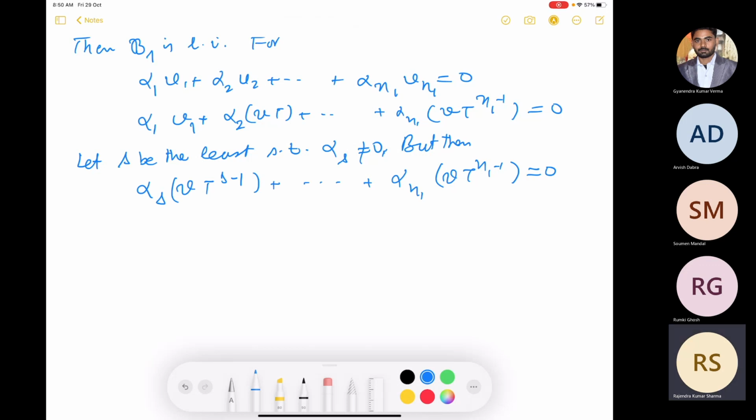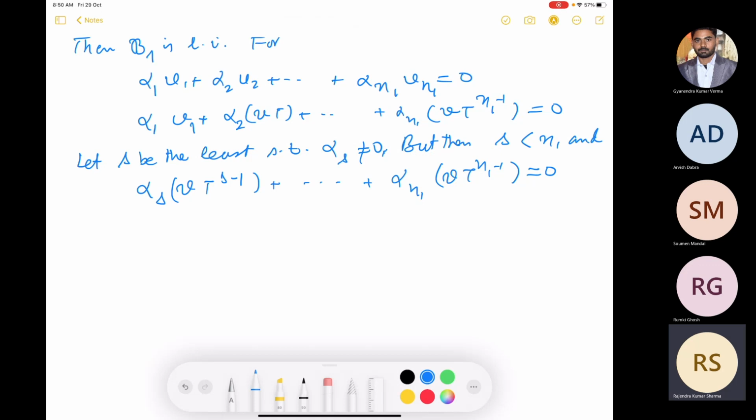Now this s is naturally less than n1. So this gives me that you can pull out this t power s minus 1 of v.